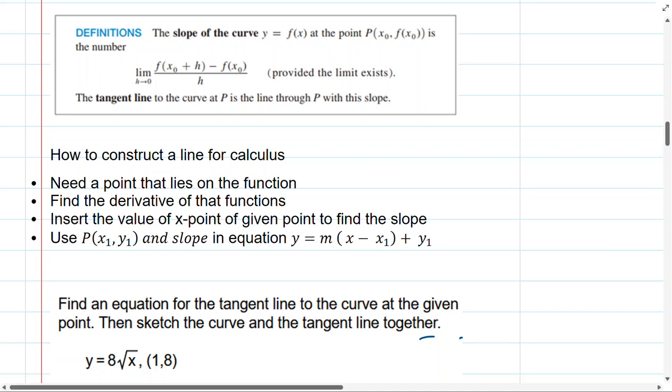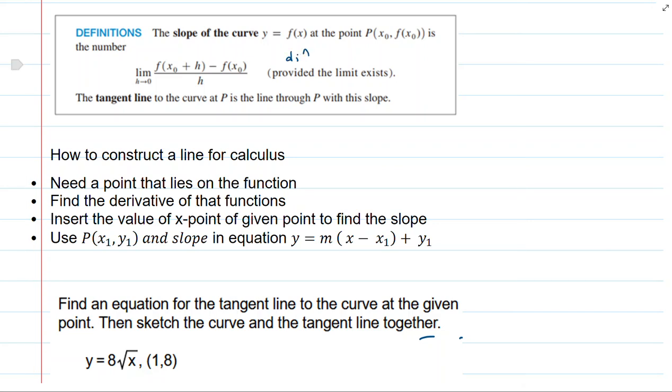We're looking at the slope of a curve, y equals f of x, at the point P, x0, and the functional value at x0 is the number, the limit of the difference quotient. So the tangent line to the curve is then at that slope. And we just did that.